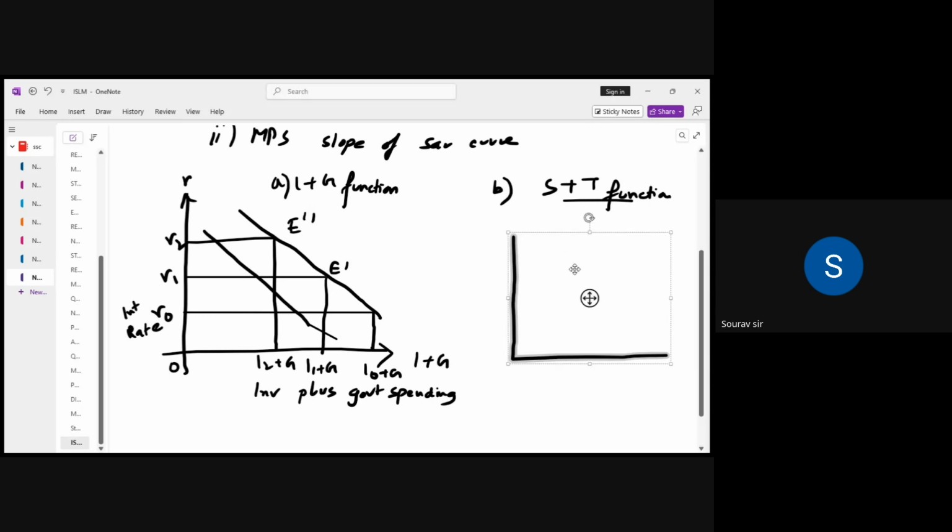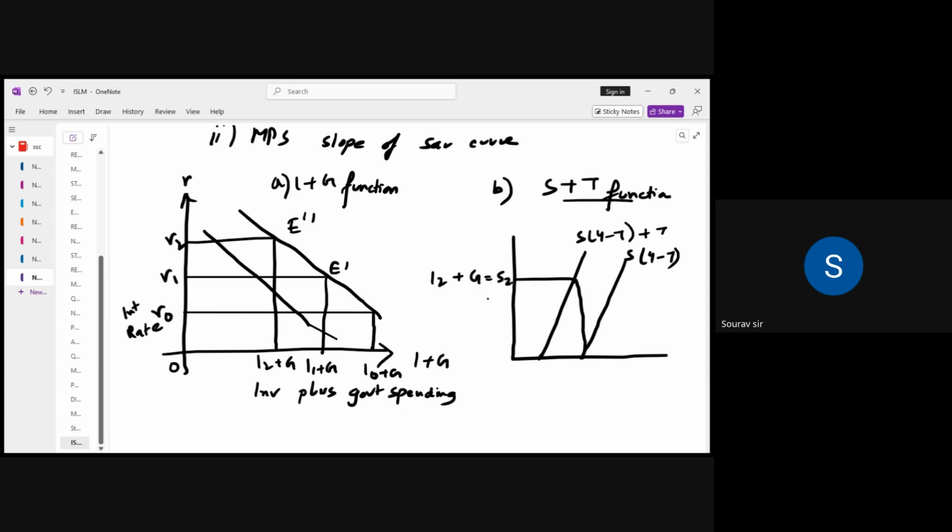Here we have S, Y minus T plus T. Y minus T. So first, from here, we get one line. And this is I2 plus G, that is S2 plus T. Next we have this is E. We got an equilibrium.